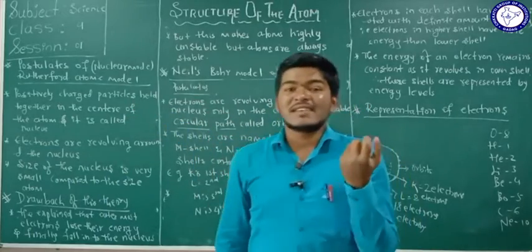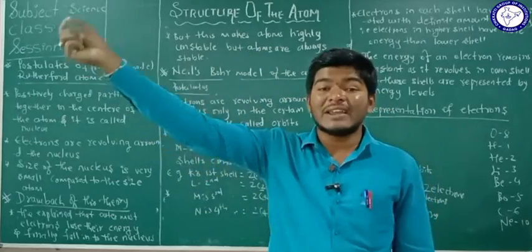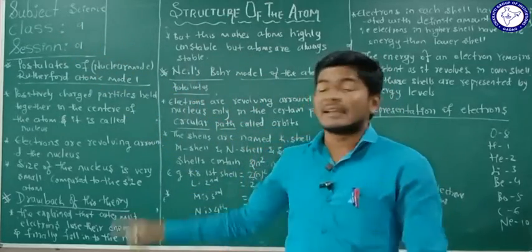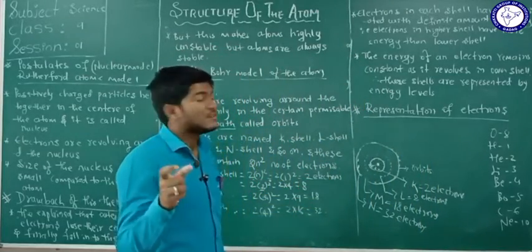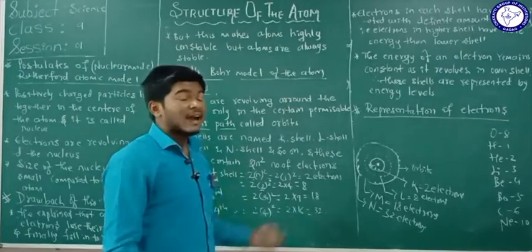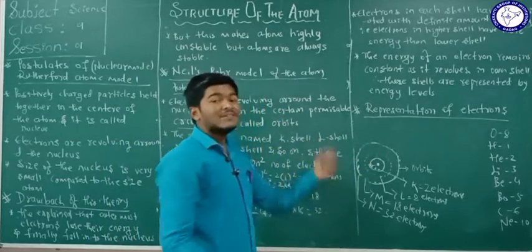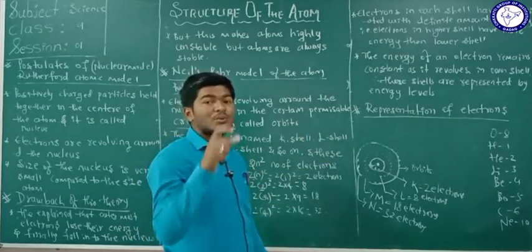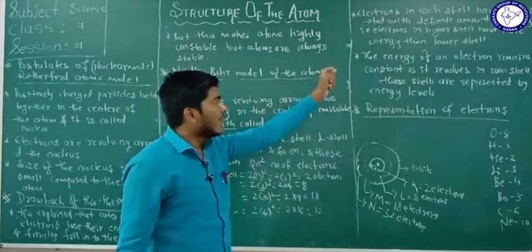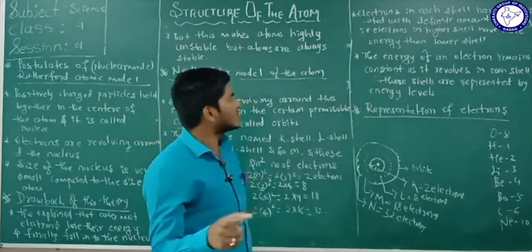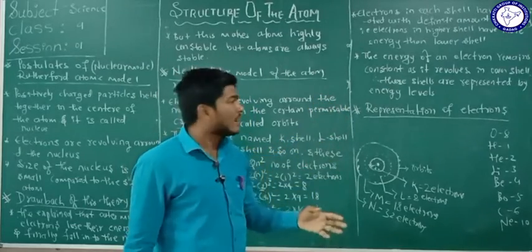Rutherford says the electrons lose their energy and finally fall into the nucleus, but Niels Bohr says that electrons don't lose their energy as long as they move in their own orbits. That is, the energy of an electron remains constant as it revolves in its own shell. These shells are represented by energy levels.